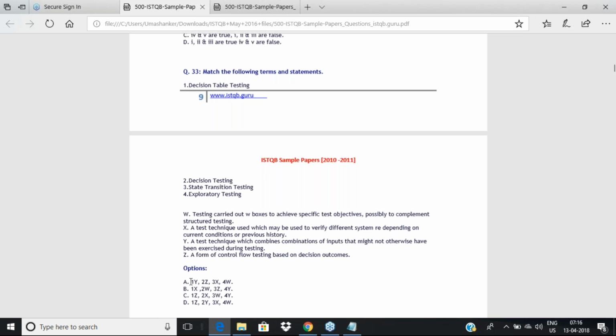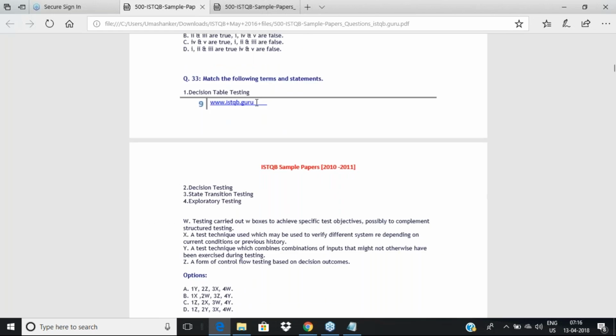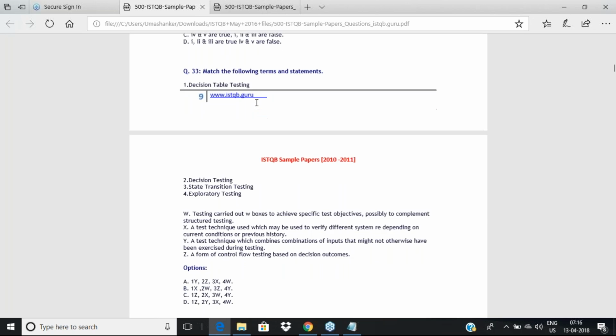One of them you have to take: 1Y or 1Z, or 2Z or 2Y. Decision table testing we just saw in the previous example.